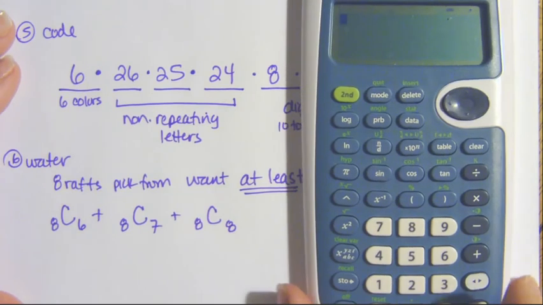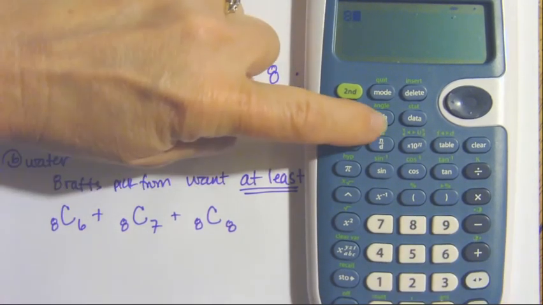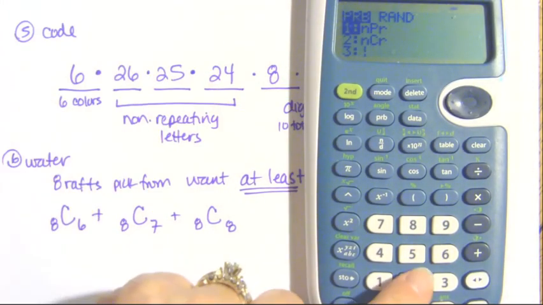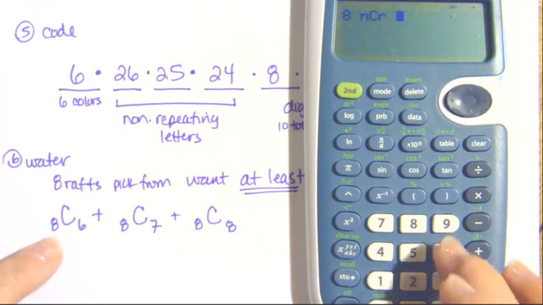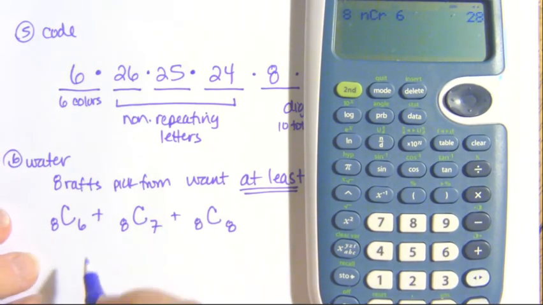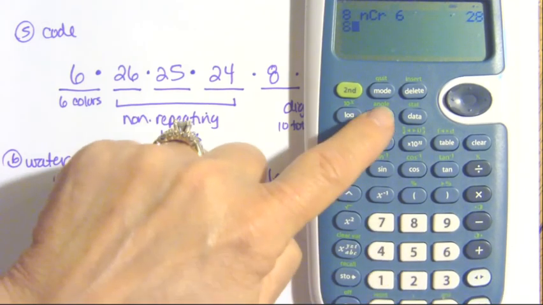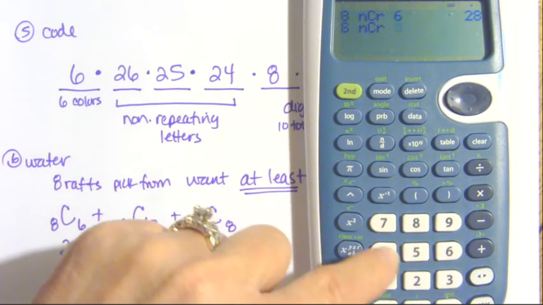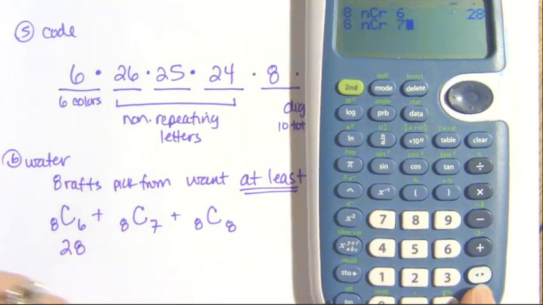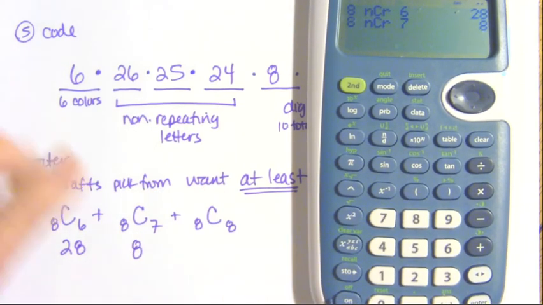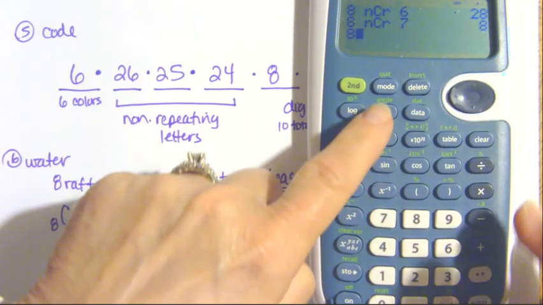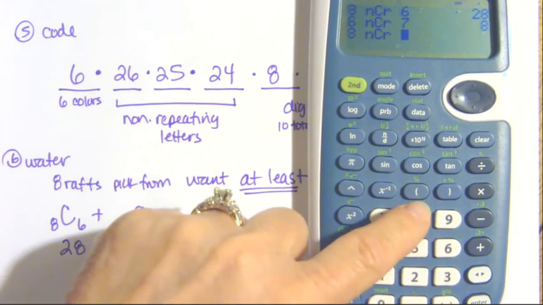But if you have a calculator like this, 8, hit the PRB button. 2, that's the combination there. 6. So that gives me the answer 28. So this is 28. Do 8, C 7. That gives me the number 8. And then one more time, I'm going to do 8, PRB, 2, 8.